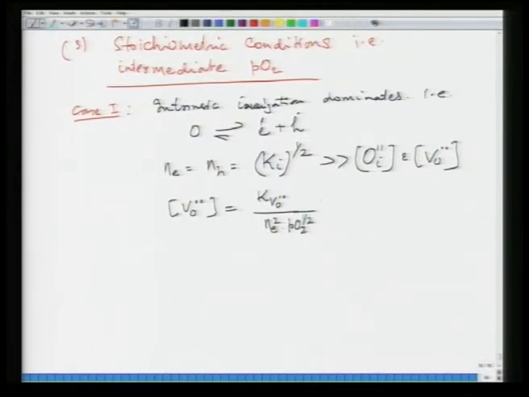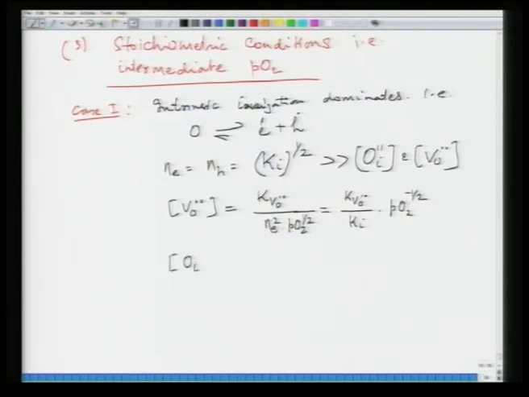So, this would become KVO divided by Ki. Now, Ne is given as Ki to the power half, which means Ne square becomes Ki into PO to the power minus half. So, this is the vacancy concentration in this region, which is the stoichiometric region.